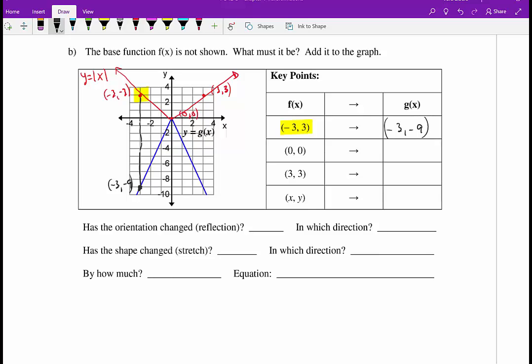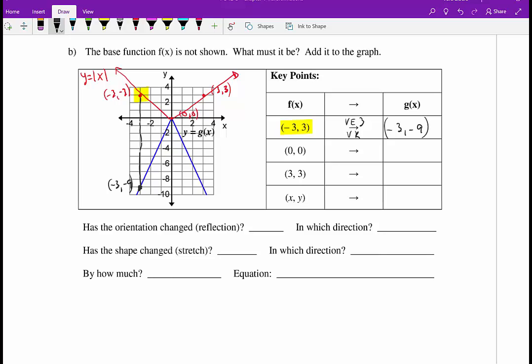Okay, well, this time we can see that x is not changing. It stays the same, but y is changing. It looks like I'm going from 3 to 9, so I have a vertical expansion by a factor of 3. And it also looks like I'm going from a positive number to a negative number, which means I have a vertical reflection.